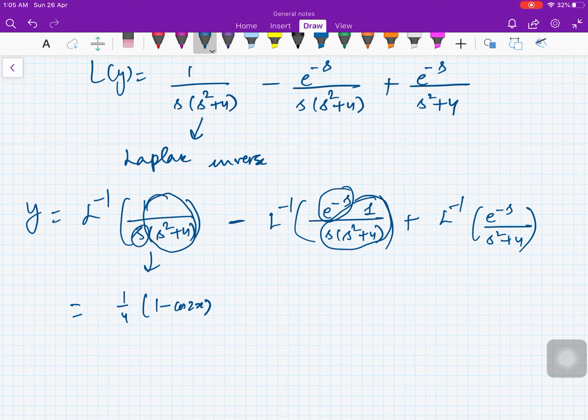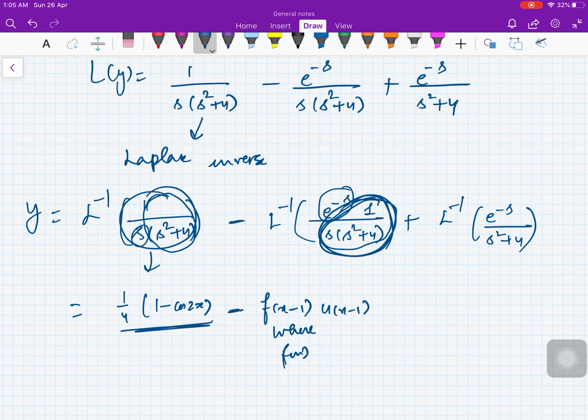And here you see you have e raised to minus s into 1 upon this, right? So that is second shifting theorem. This is equal to f of x minus 1 into u of x minus 1, where f of x is this function, because the Laplace inverse of this function is same, right?